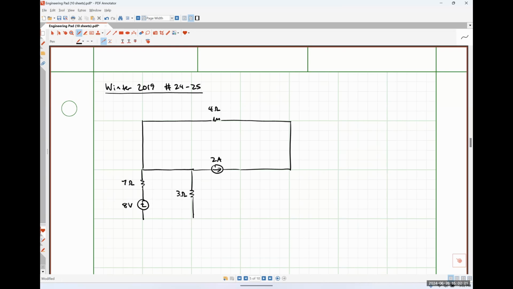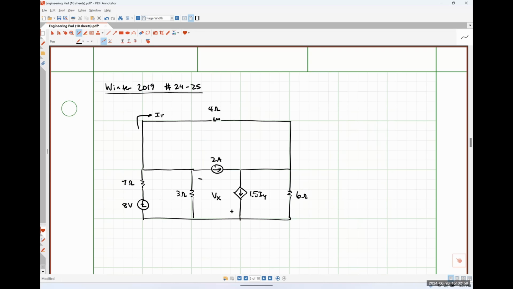I've got a 3 ohm resistance here. 0.5 Iy. That 5 doesn't look particularly 5-like, so let me fix that. Six ohm resistor over here. Our current Iy is the current that's flowing through the 4 ohm resistor, and our voltage Vx is this voltage.